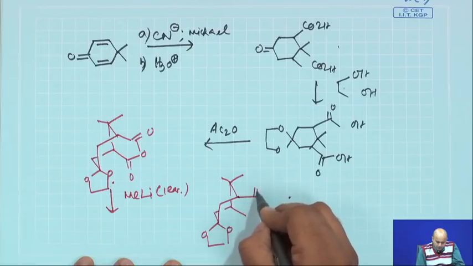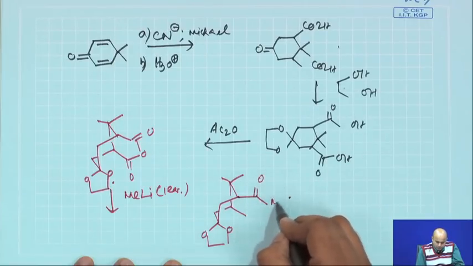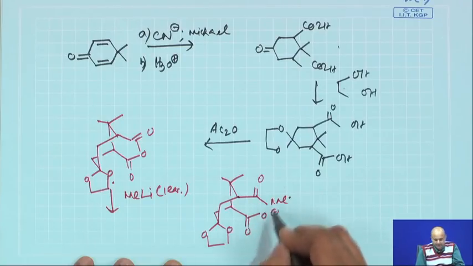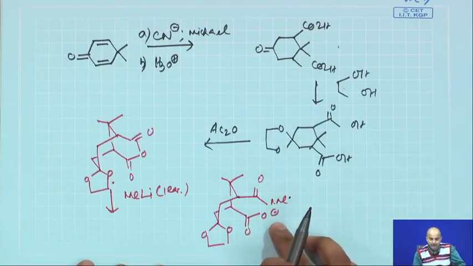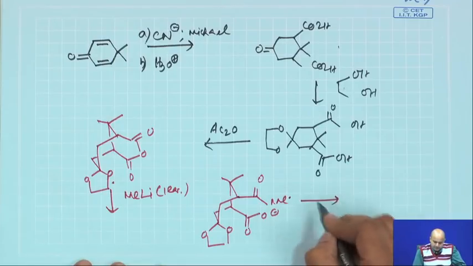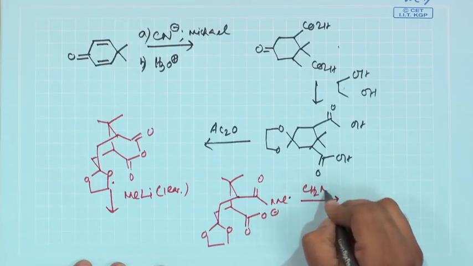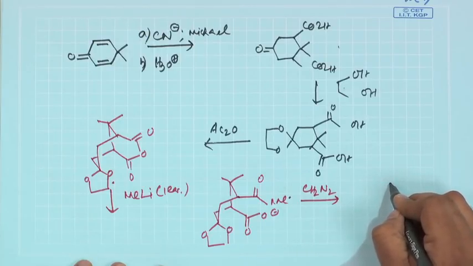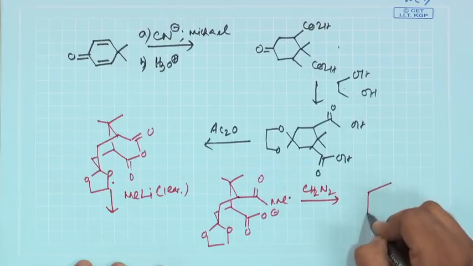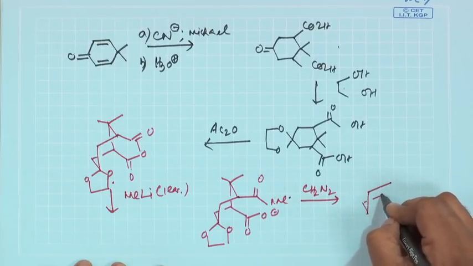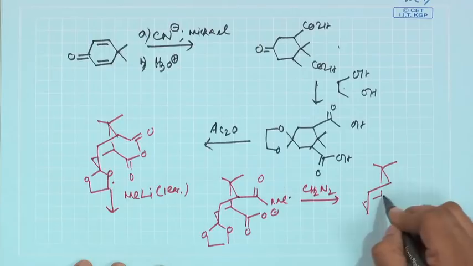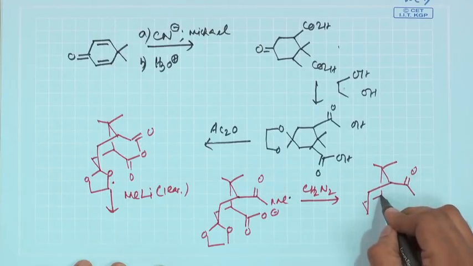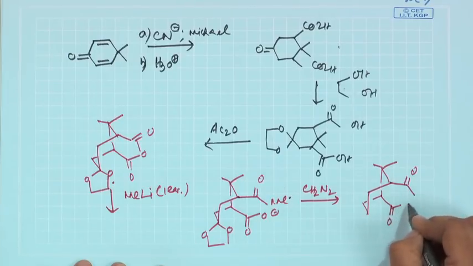So, basically now you will have this CO2Me and CO2O minus actually, or you can have this acid. Eventually, you treat this compound with diazomethane, you get the corresponding methyl ester, and your structure will be this, and then you have your COMe and C double bond OMe.